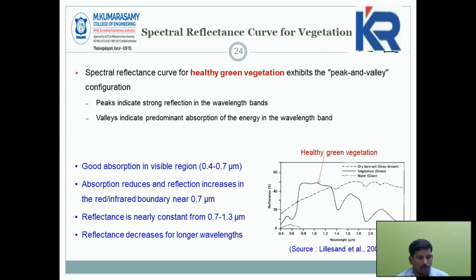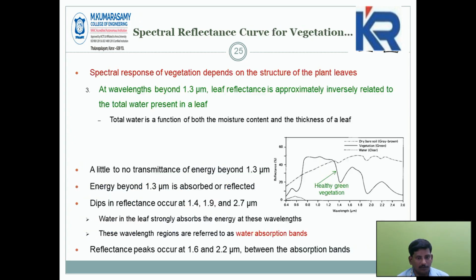Absorption reduces and reflection increases at a boundary near 0.7. Reflectance is nearly constant from 0.7 up to 1.3 micrometer. Reflectance decreases for long wavelengths compared to short wavelengths. Similarly, the same pictures show healthy green vegetation of the particular area.